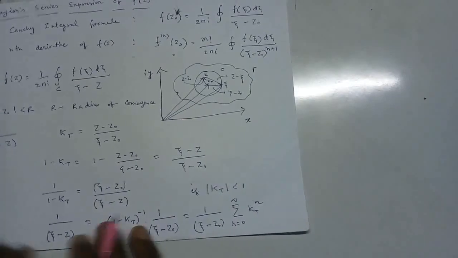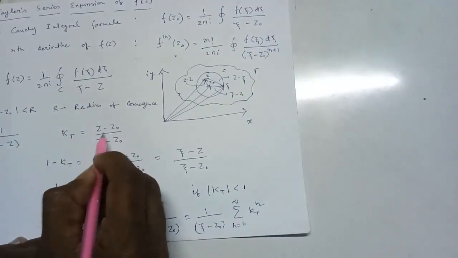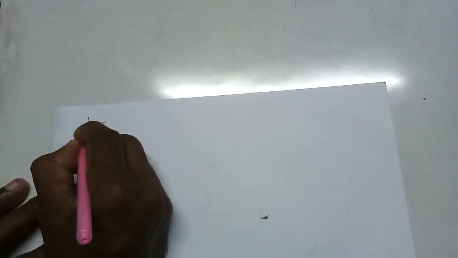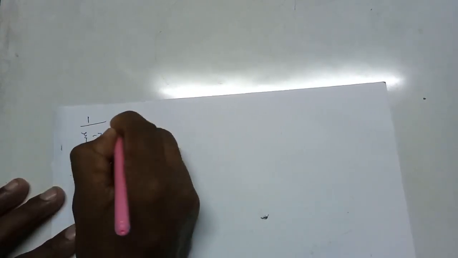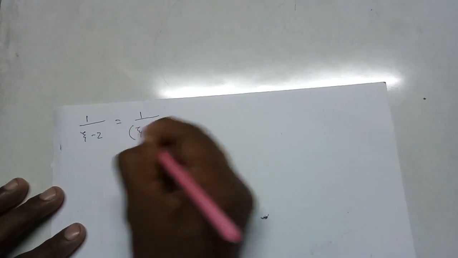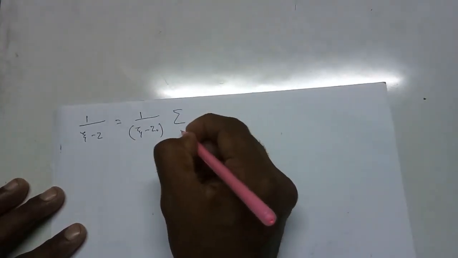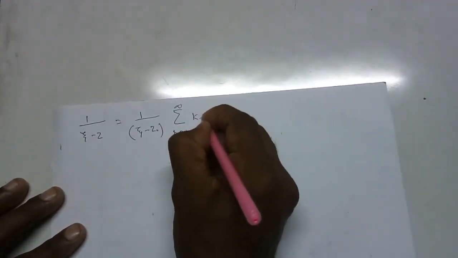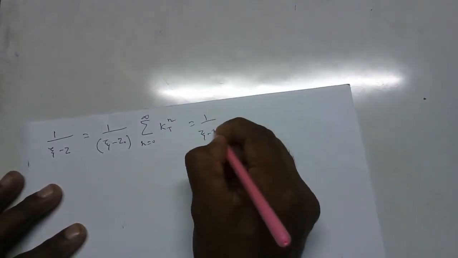So finally we can substitute the value of kt here and we can get the expansion of 1 by xi minus z by this relation: 1 by xi minus z0 times summation n equal to 0 to infinity of z minus z0 divided by xi minus z0, to the power n.